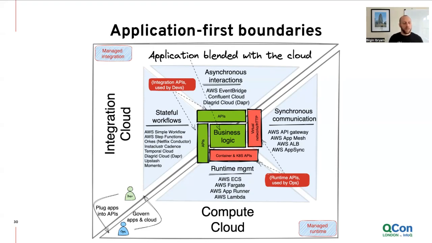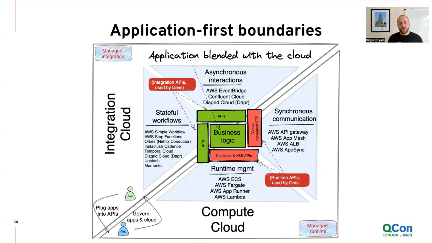And developers are still responsible for exposing certain APIs in their application and calling APIs of the integration cloud, and connecting their application business logic with this cloud. Ideally, this should be done following the principles of hexagonal architecture, but looking at it from a more modern view, using open APIs and formats rather than the original in-process method calls and interfaces.